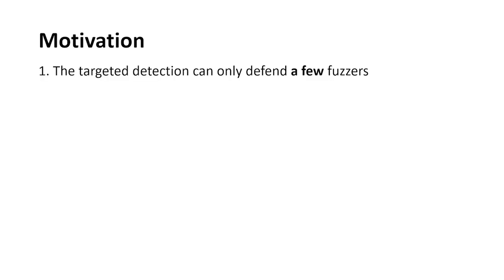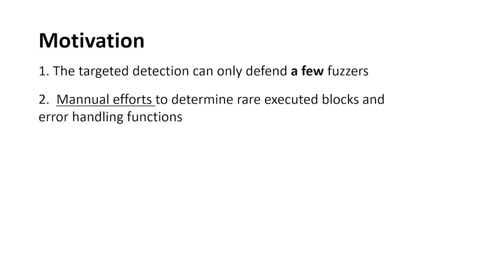The aforementioned techniques seem to be promising, but they still have some drawbacks. First, the targeted detection can only defend against a few fuzzers, and the unique runtime information can also be easily changed. The second is that these techniques are not convenient to use, as many manual efforts are required to determine the code blocks, like the error handling blocks.